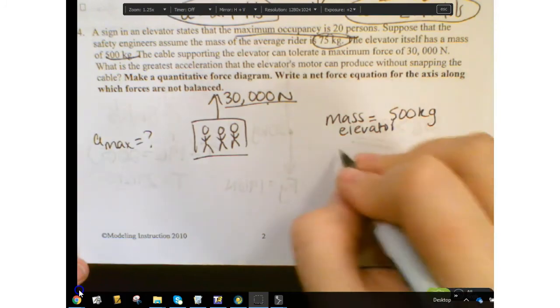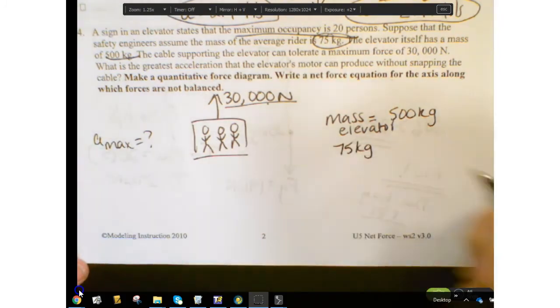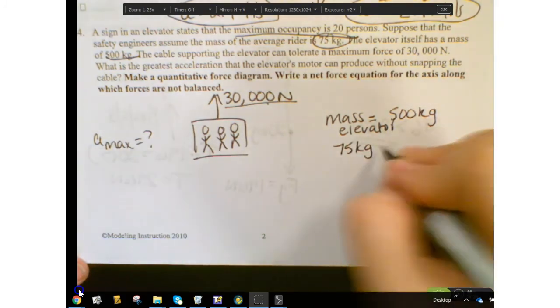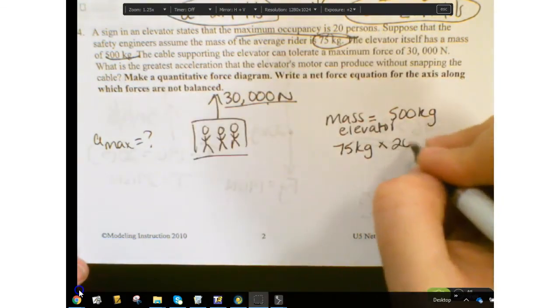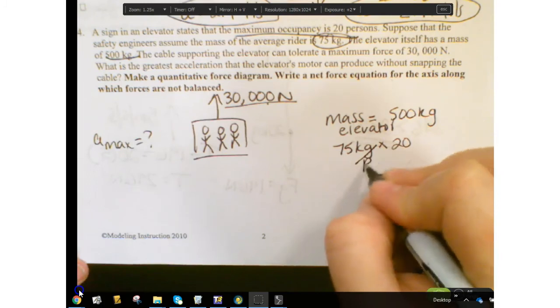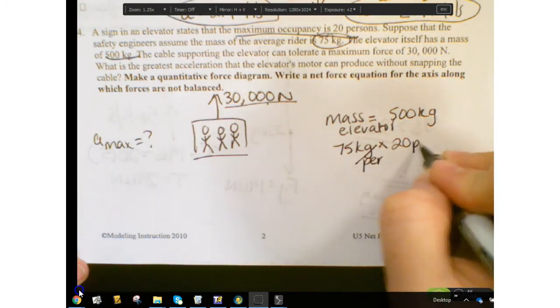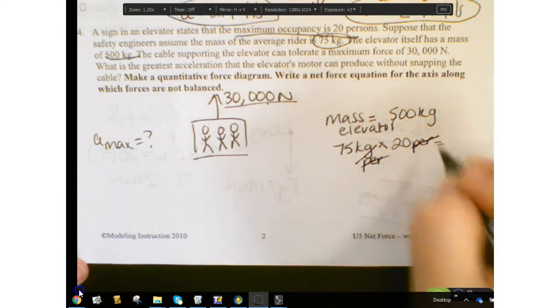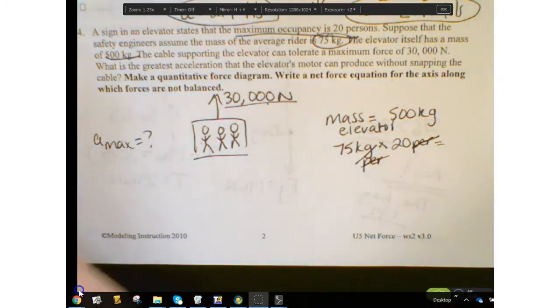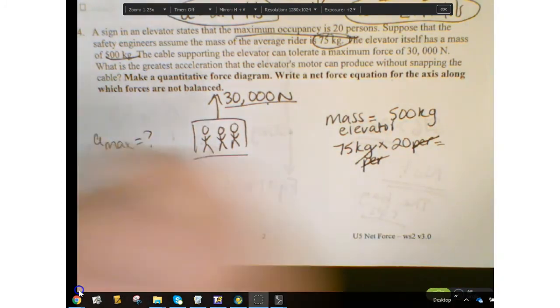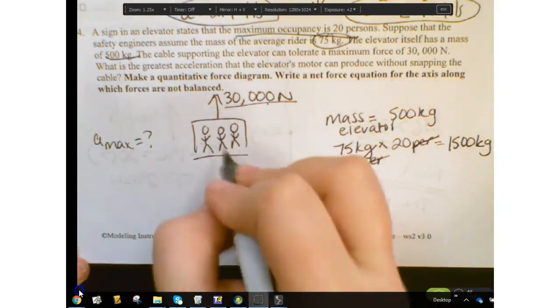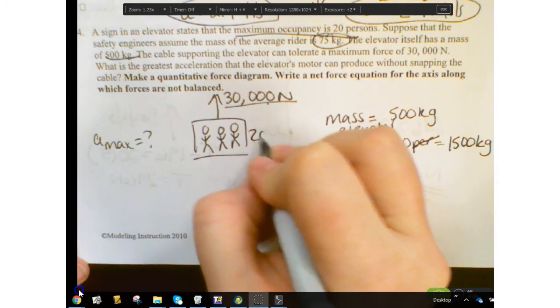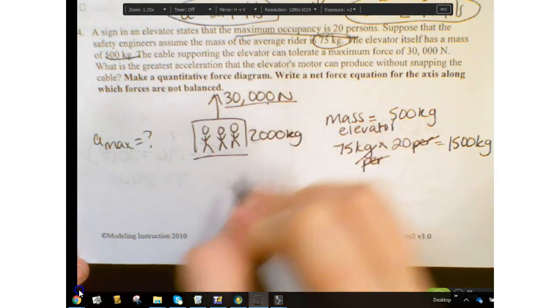And then we have 75 kilograms per person, and we have 20 people. So to get the mass of the total people, I'm just going to do 75 times 20. I get 1,500 kilograms. So this total mass together is going to be about 2,000 kilograms.